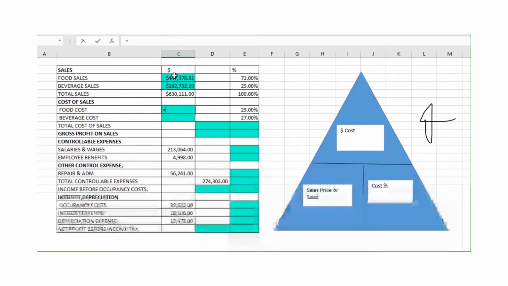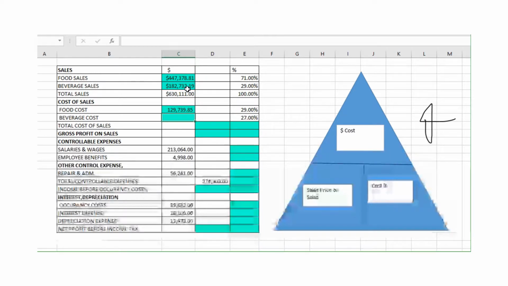We just do that. Our food sales multiplied by 29%, and we get a food cost of $129,739.85.